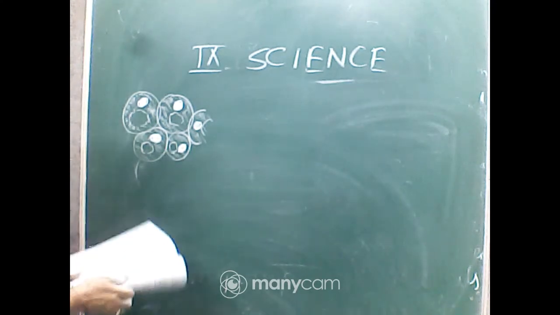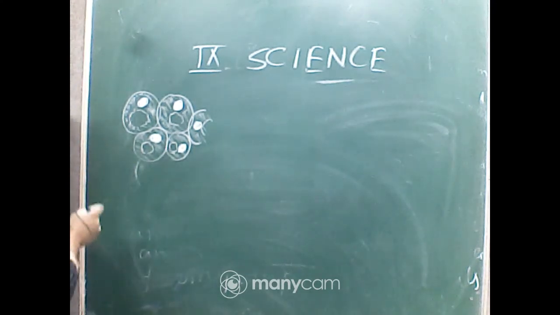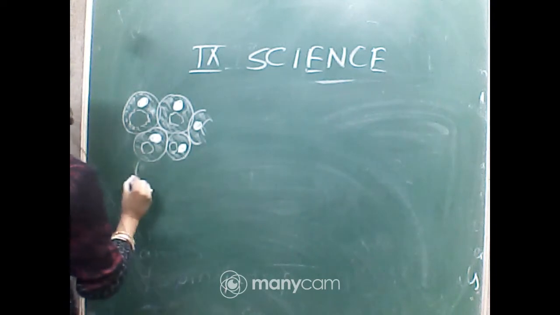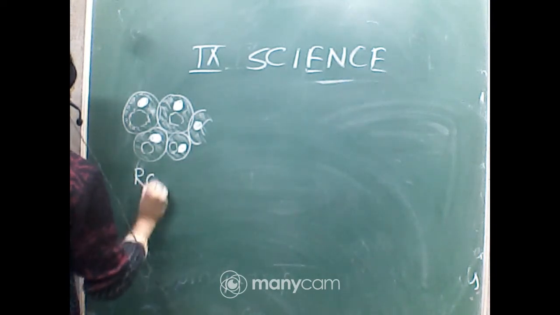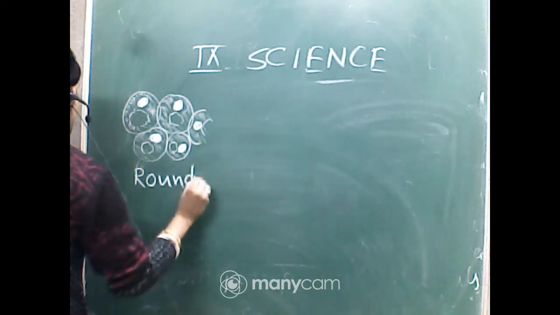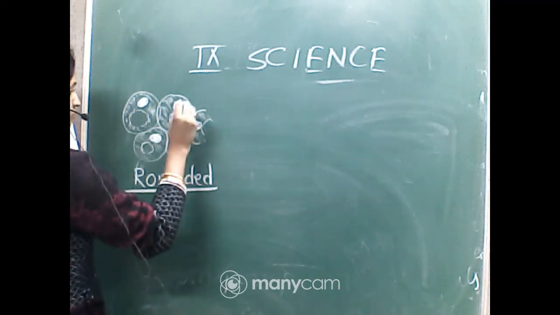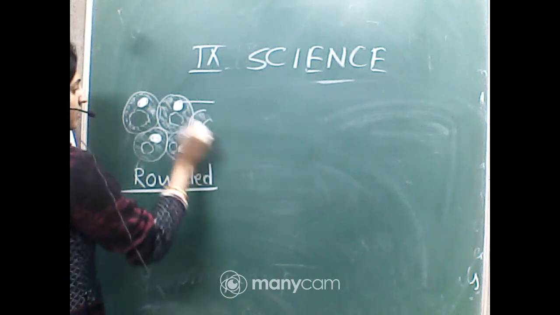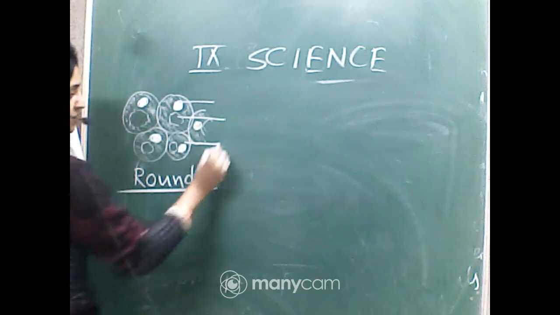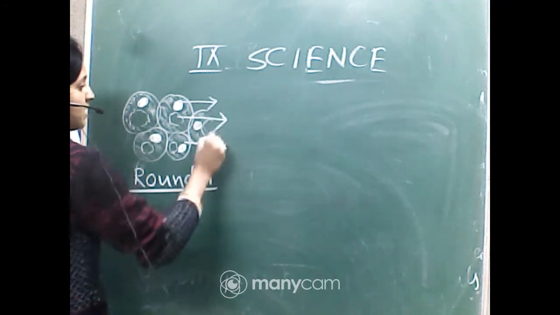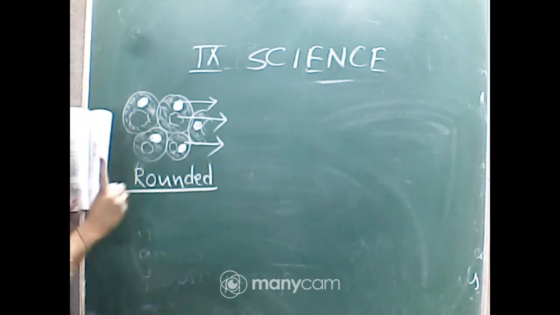So this one is the rounded parenchyma, normal rounded. Give the labeling: nucleus, vacuole, cytoplasm. These three labels must be done.